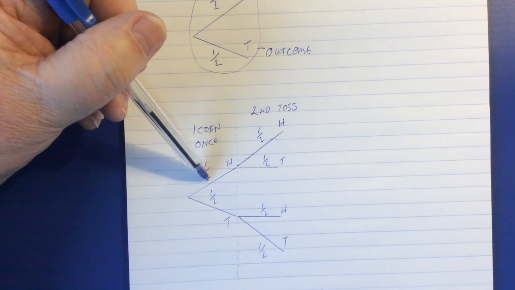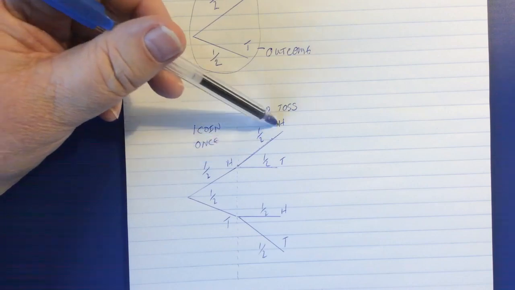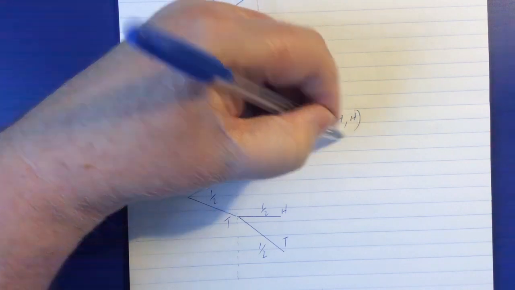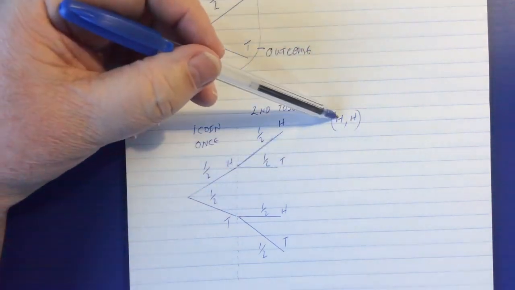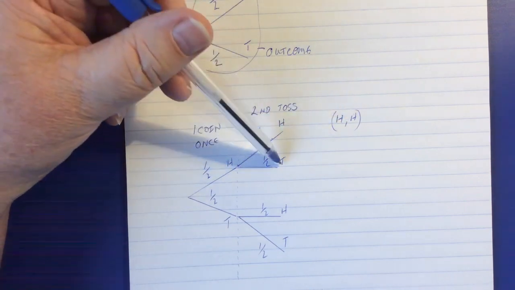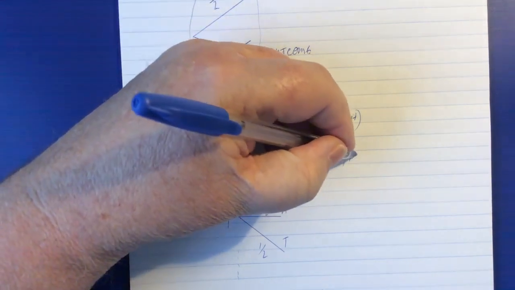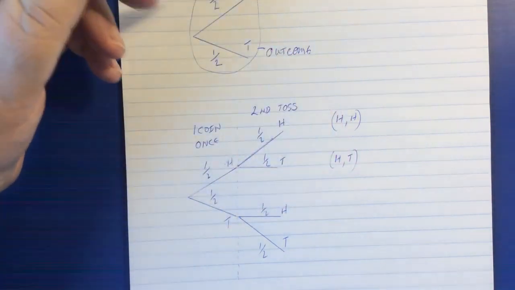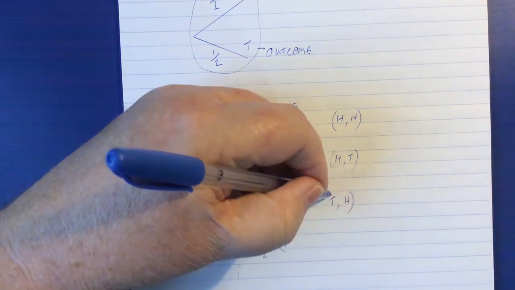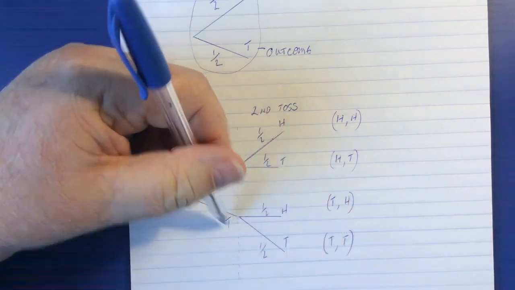And so if you follow up the line of this tree diagram, what you see here is that you have an outcome of two heads, which can be written like that. Head on the first throw, head on the second throw. Here we have a head on the first throw and a tail on the second throw, and that's written like this. Down here we have a tail on the first throw and a head on the second throw. Down here we have two tails. Tail on the first, tail on the second.